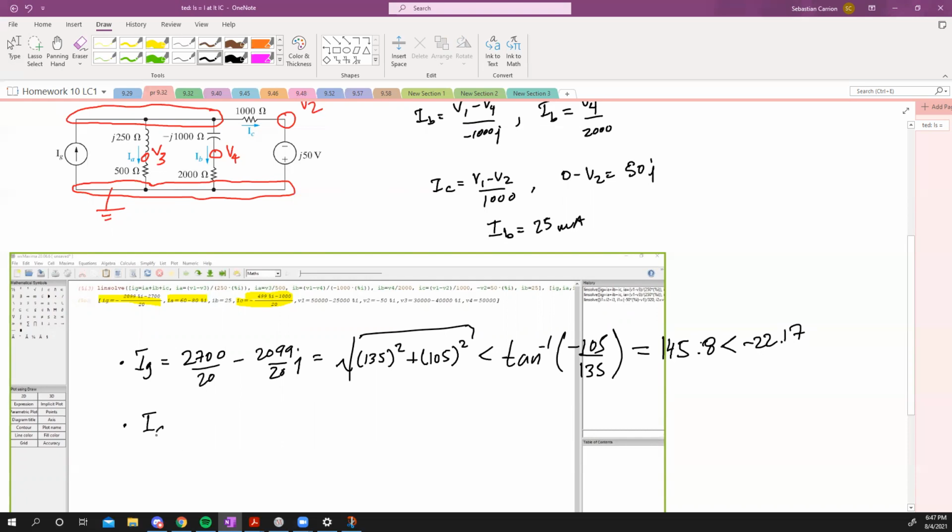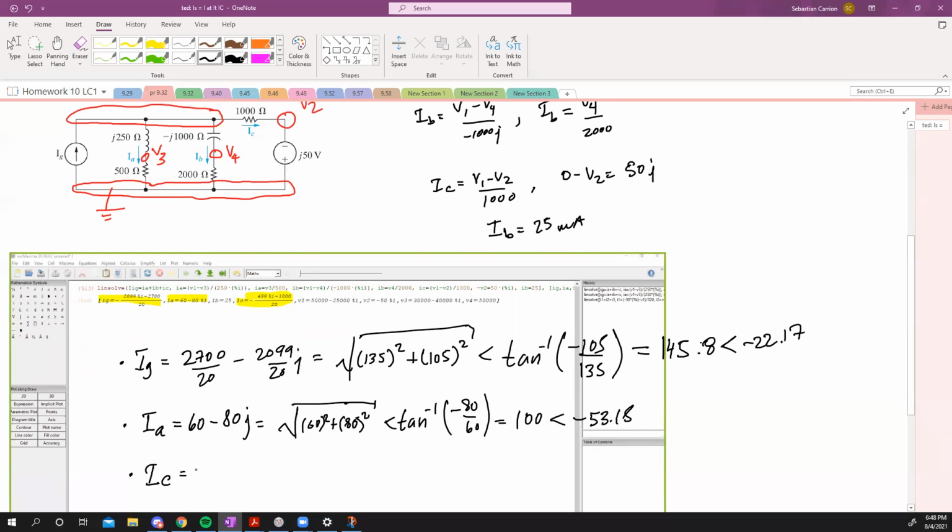IA is going to be 60 minus 80J, so we take the square root of 60 squared plus 80 squared, and the inverse tangent of negative 80 over 60. For this we get 100 with a phase of negative 53.18.